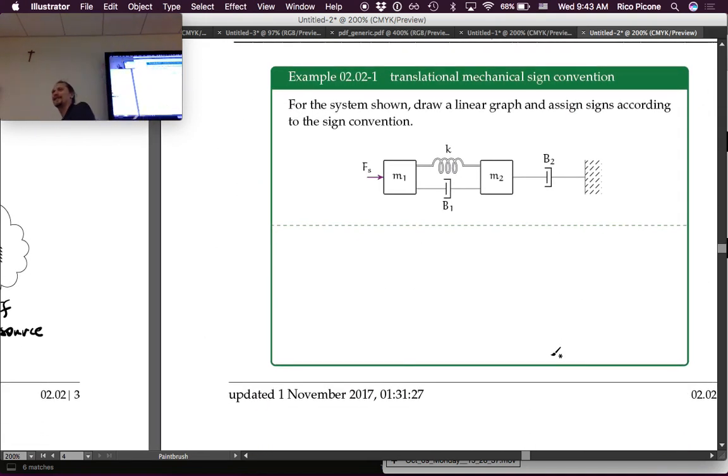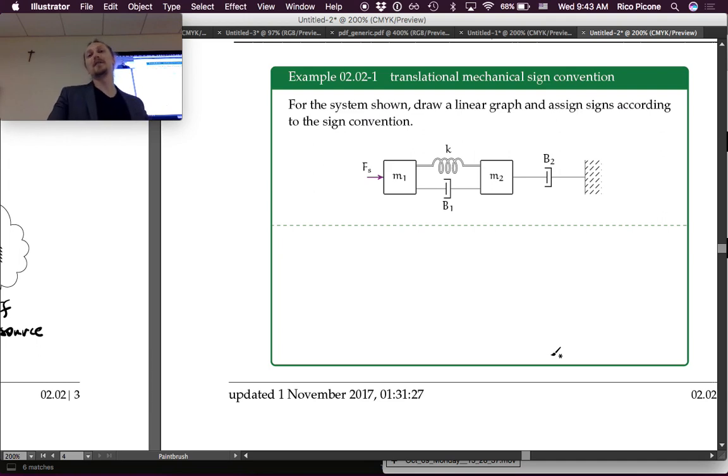Should we do one? I feel like we need to. All right. What order do you guys think the system is? Second. The two masses made us think second, right? Actually, this is going to be third order. Is it because of the dampers?